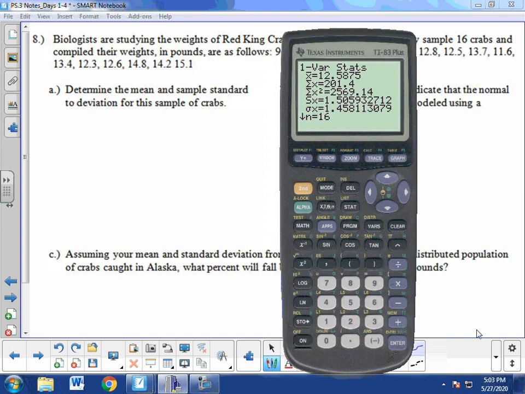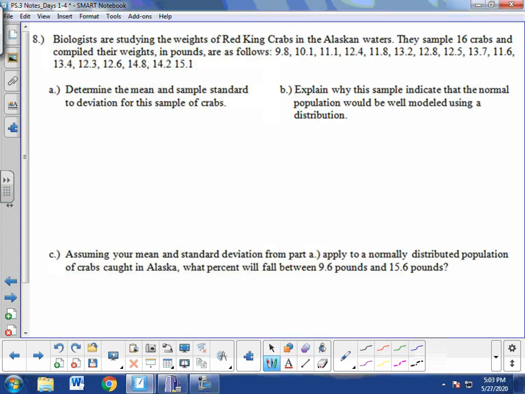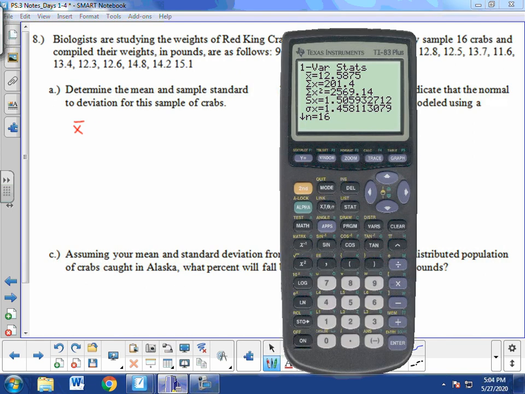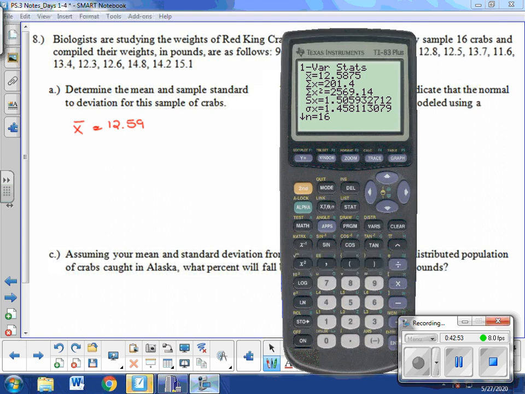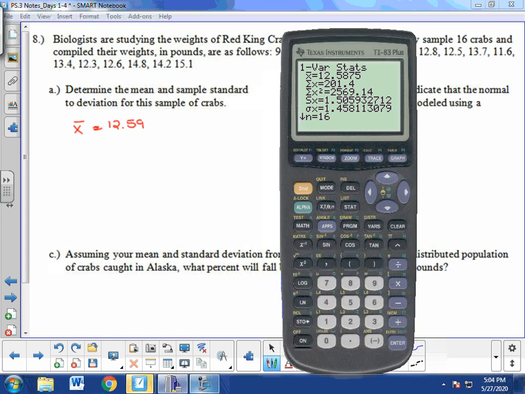So remember, the mean is also known as x bar, and so x bar in this case is 12.59, approximately 12.59. We'll go to 2 decimals for now. The standard deviation is listed as 1.46 approximately.